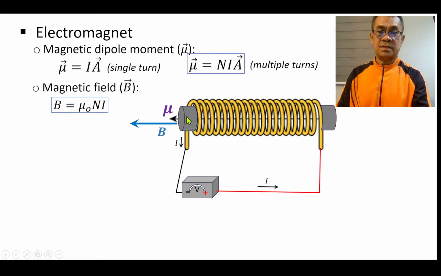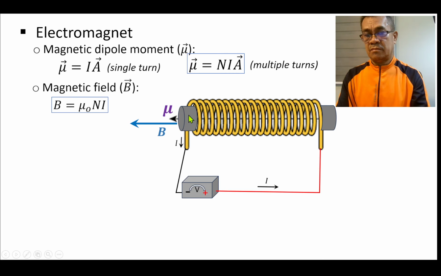But if you have the iron core, and the current is cut off at that instant, the iron core induces a magnetic effect, so it stays for a short period of time, not a longer time.